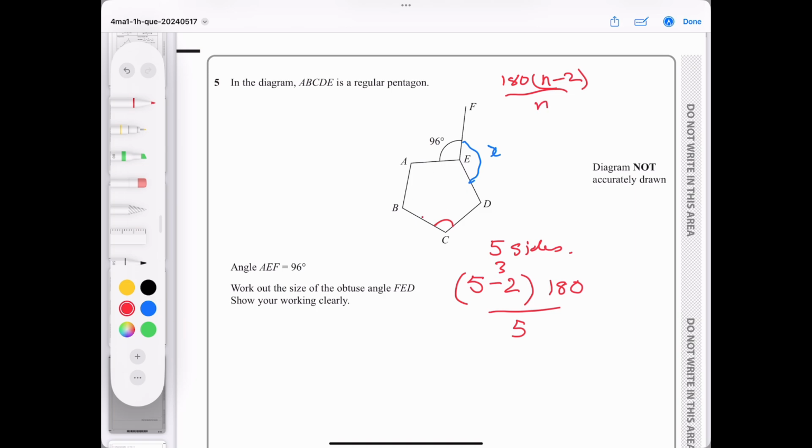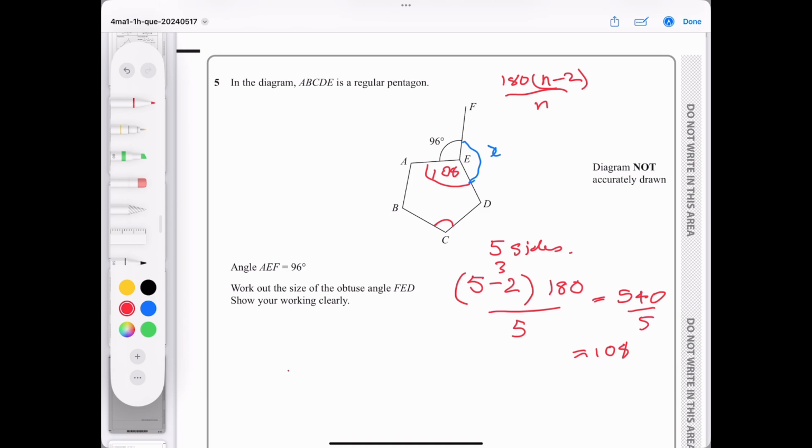But for this, it's quite easy because you just go square, which is 360, add 180, and that's 540. So it's 540 divided by 5, which equals 108. So now you know that's 108. And there's 360 degrees around a point.